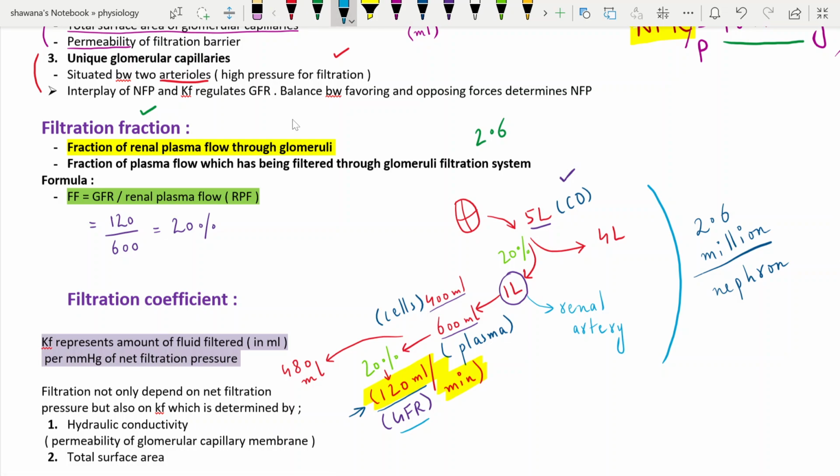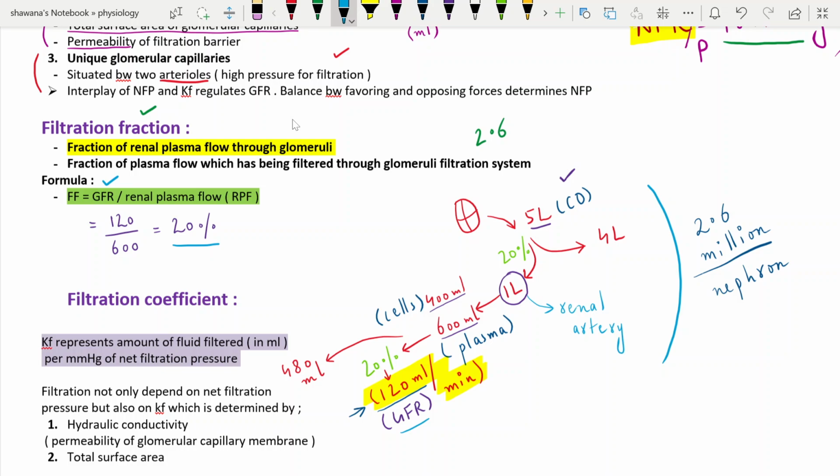According to the formula, GFR, the glomerular filtration rate, divided by the renal plasma flow gives the filtration fraction. So what is the glomerular filtration rate? Glomerular filtration rate is the filtration of the plasma, so it is 120 ml. Okay, 120 ml divided by 600.